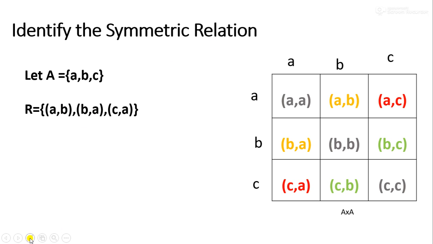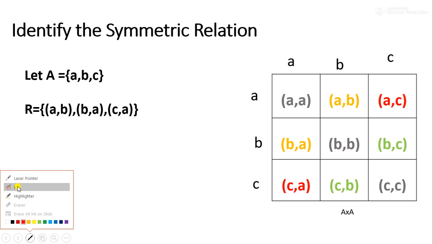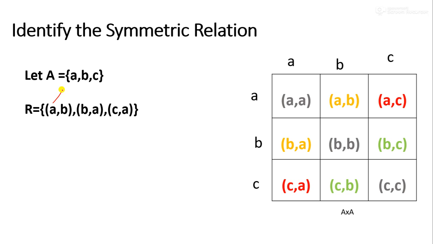Here we have AB, and the symmetry of AB is BA. So it's okay. Then we have another element, CA, but the symmetry of CA is AC, and we don't have this element in our relation.